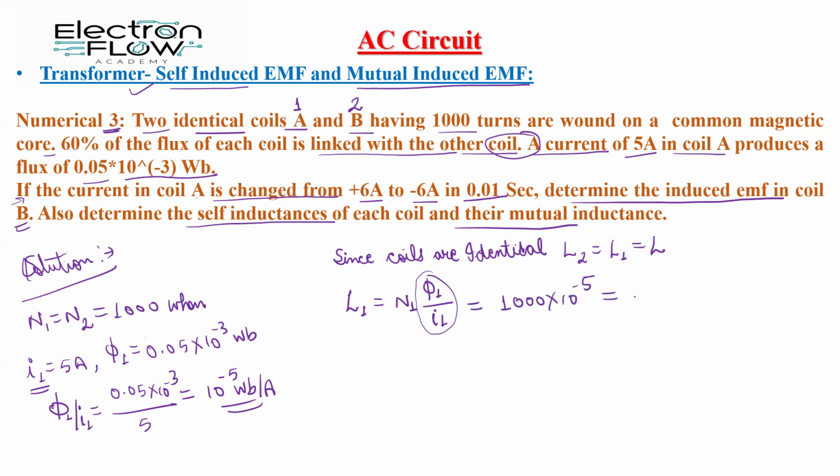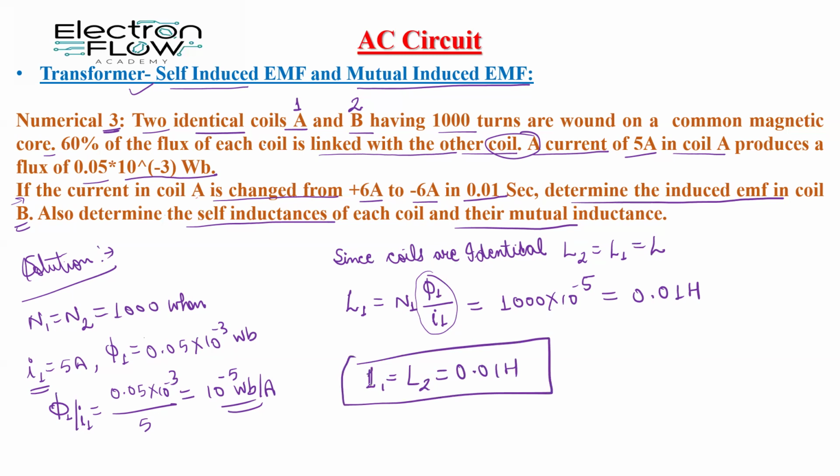This is how I get the value of L1, which is equal to 0.01 Henry. So L1 is equal to L2, and L2 is equal to 0.01 Henry. So this is our self-inductance.